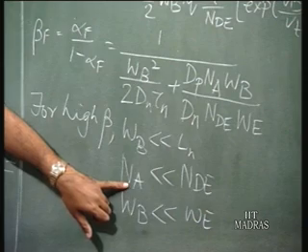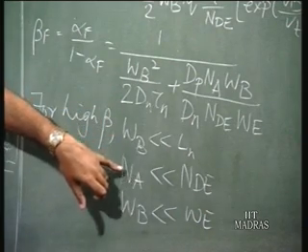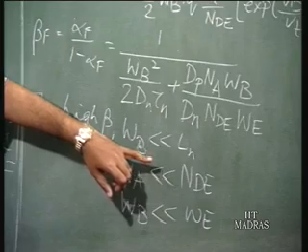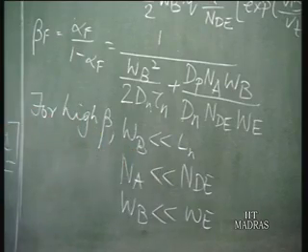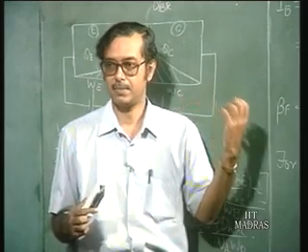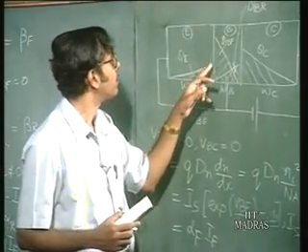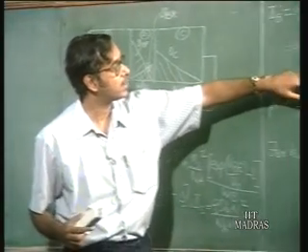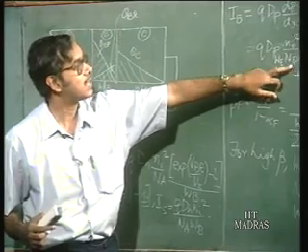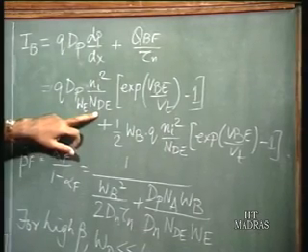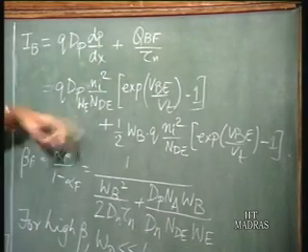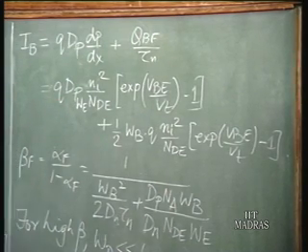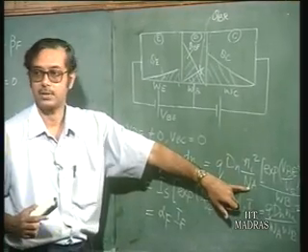The acceptor impurity concentration in the base must be less than the donor concentration in the emitter, because if you look at the base current here, it is inversely proportional to the donor concentration in the emitter, whereas the collector current is inversely proportional to the acceptor concentration.